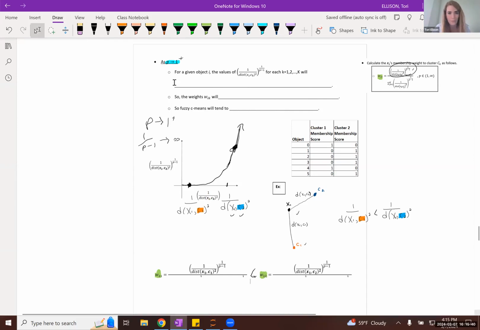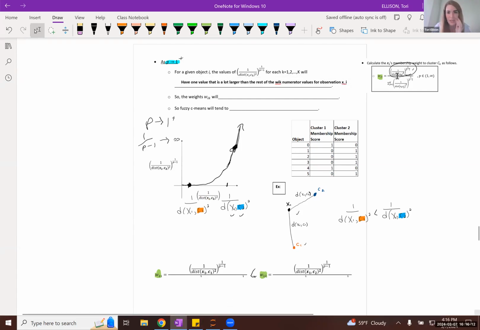Okay. So in this scenario, for a given observation i, we would have basically one value that is a lot larger than the rest of the WIK numerator values for observation xi.